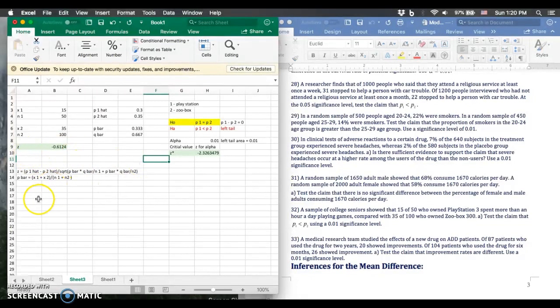So based on that, we can say that we fail to reject the null hypothesis.